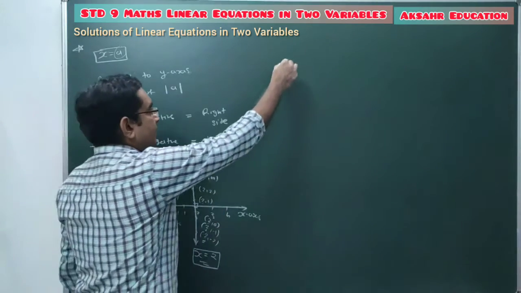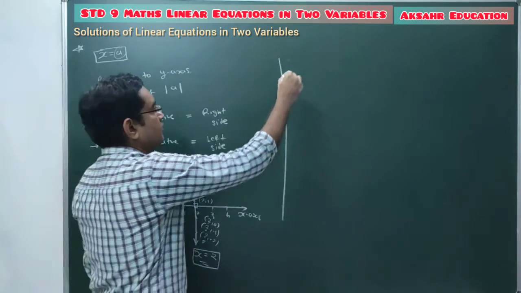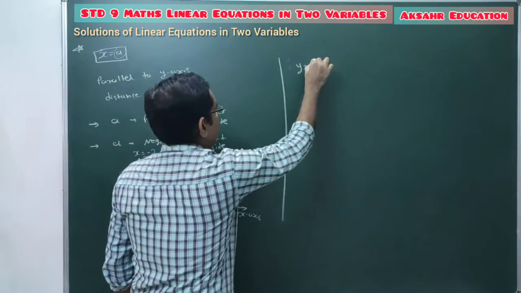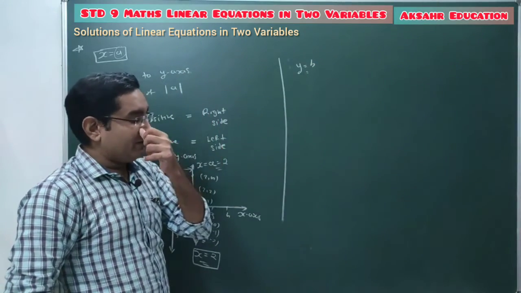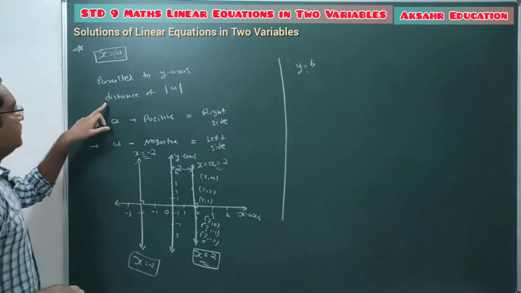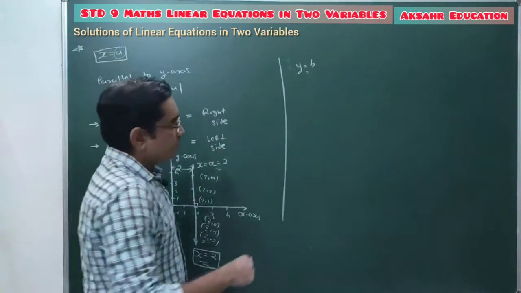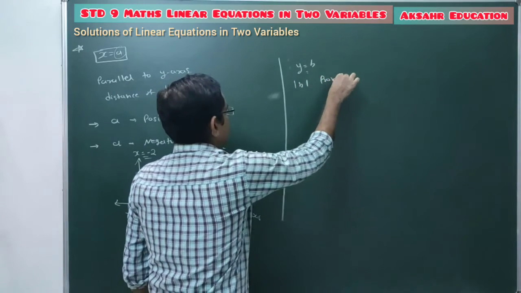So these are the forms of equation which are parallel to y axis. We are also getting the lines which are parallel to x axis. That equation is y = b. So y = b is the equation of line which is parallel to x axis. Here mod b is the distance of the line from x axis.